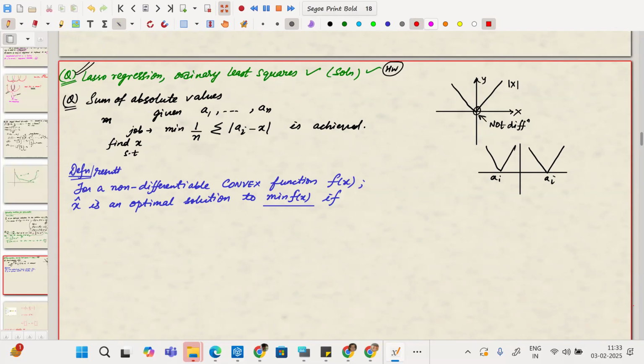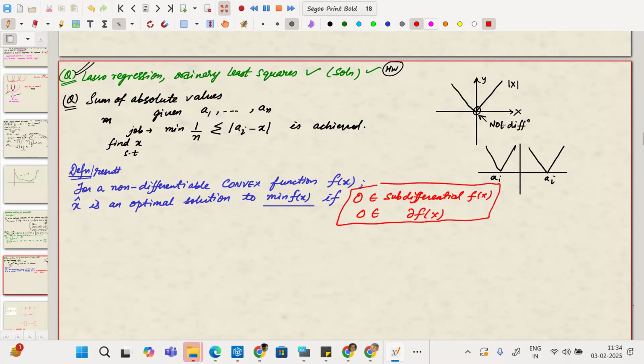The collection of subgradients is known as the subdifferential. So zero should be an element of the subdifferential. If zero belongs to the subdifferential of f of x, which can also be denoted as dou f of x, then it is one of the most important conditions in optimization theory. I suggest everyone understand this part.